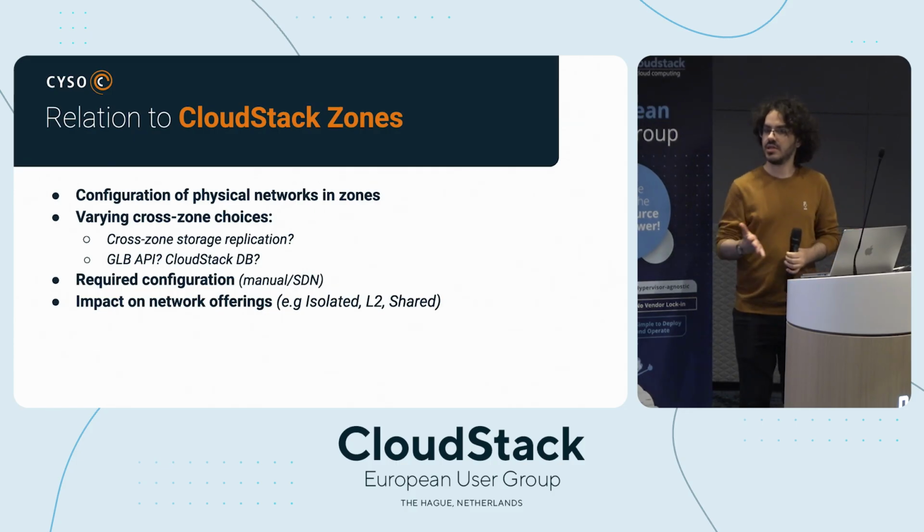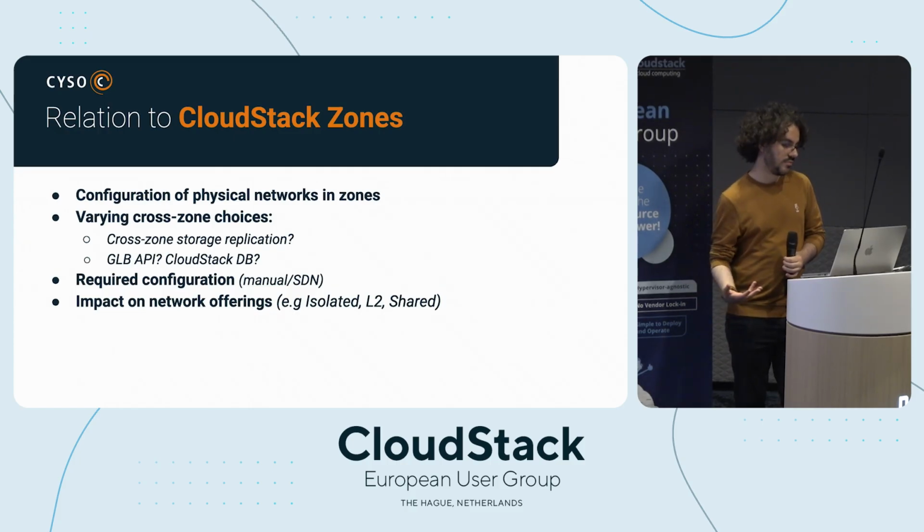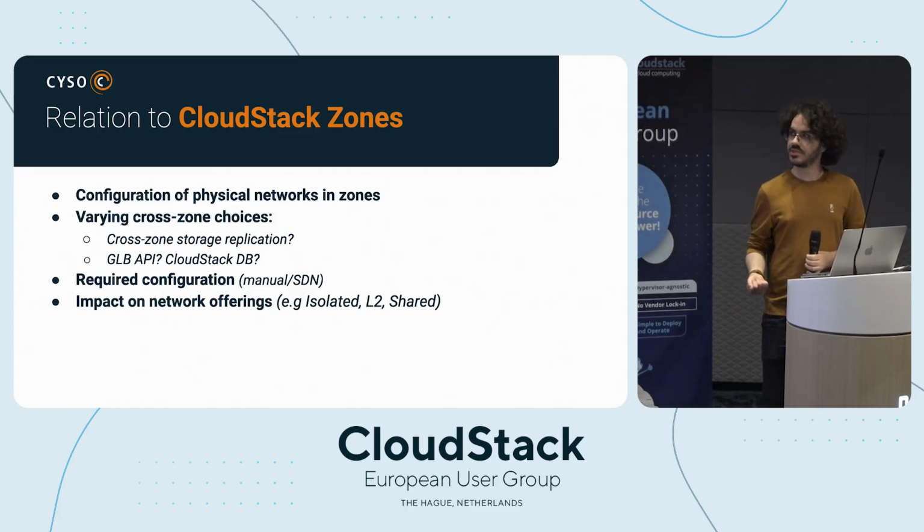And all of this has a tremendous impact on the network offerings you're able to offer. So if you want to have isolated guest networks within a VPC, for example, you're going to need, in the first place, VNIs. You probably should have VRF so that they have their own routing tables. If you want L2, that doesn't really work when you're trying to route traffic over multiple sites because you're just stuck at that L2 level. And also, there are considerations for your shared networks.